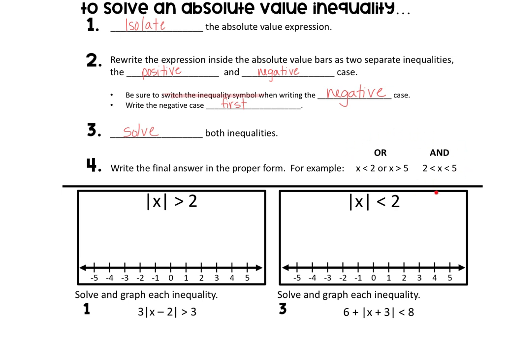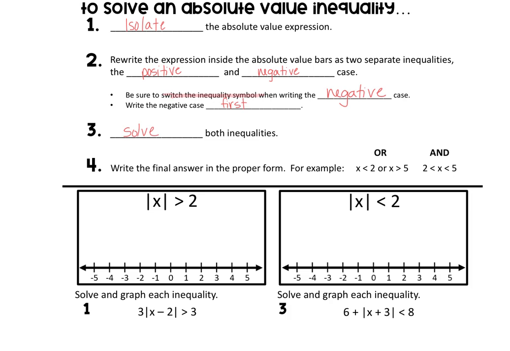So understanding that we're writing it in this form, what this means is that these absolute value inequalities really are just compound inequalities. So we're going to start with the greater than, because if this says the absolute value of x has to be greater than 2, remember absolute value is just distance from 0. So that means it has to be 2 or more in this direction, but that also means that it can be 2 or more to the left of 0 away.